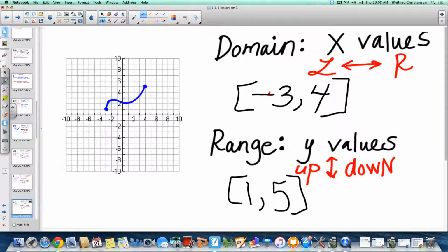Okay, I'm going to ask you one quick question though. If I went like this and changed the middle, you guys pay attention. If I changed the middle to do this, would that change? Oh, I shouldn't have gone below that line. Let me go like this. This is what I was trying to get at. Would, if I drew it like that, change our domain and range?